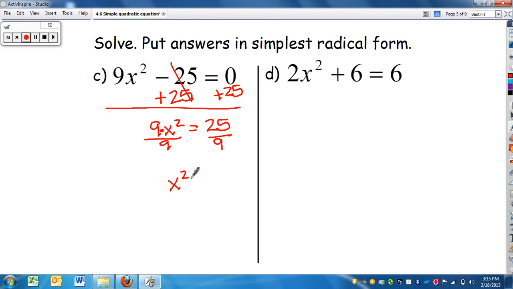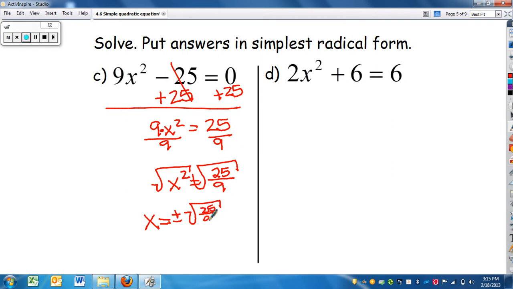So I get x squared. Now, if this simplified into a nice integer, a nice number, I would simplify that down, but since it does not simplify, I'm just going to leave it as a fraction, 25 over 9. And I'm going to square root. So I have x equals plus or minus the square root of this expression.